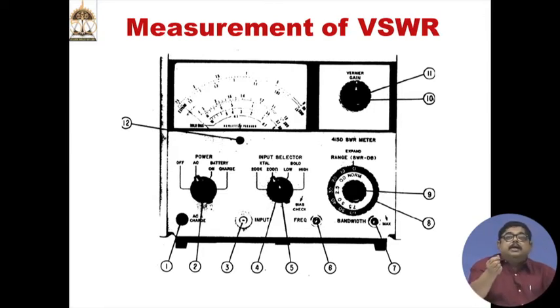Number 12 is the display adjustment. Displays sometimes require a mechanical offset, because when no signal is given you will see some deflection. So that spring needle needs some mechanical adjustment, that is number 12.